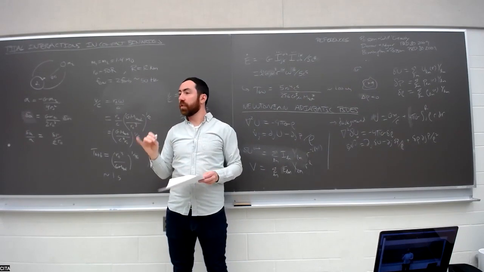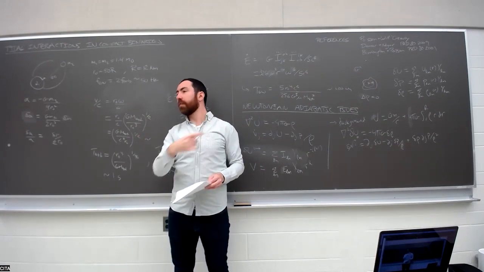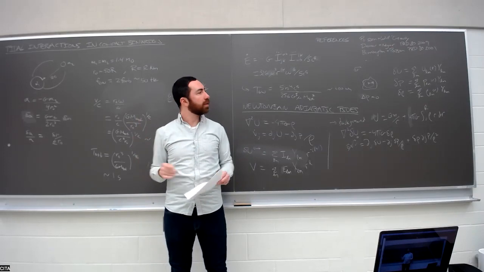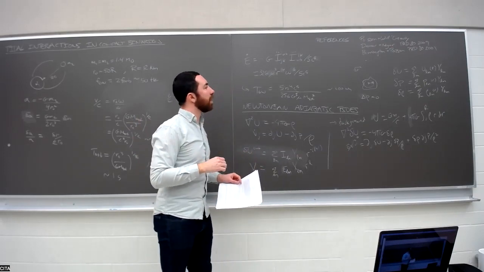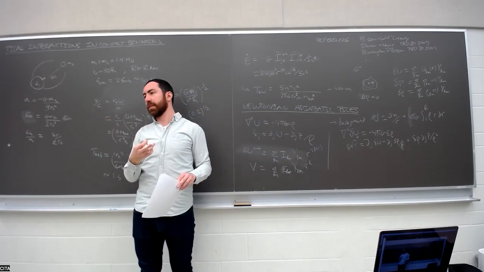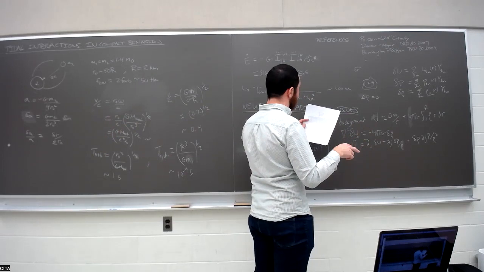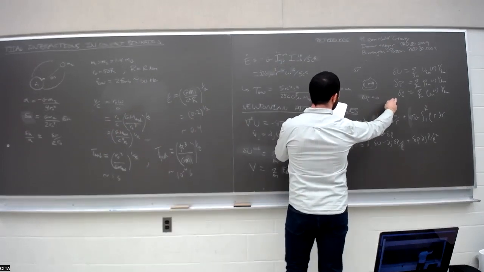So the mass is conserved. We're choosing the volume to be conserved by this choice of displacement vector. That's right. And what this amounts to is choosing the displacement vector to be divergenceless. And so that is the condition that gives you a relationship between delta P and delta rho.